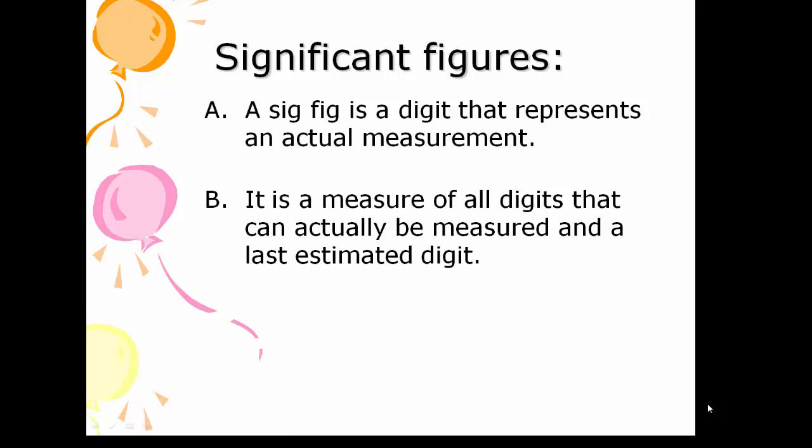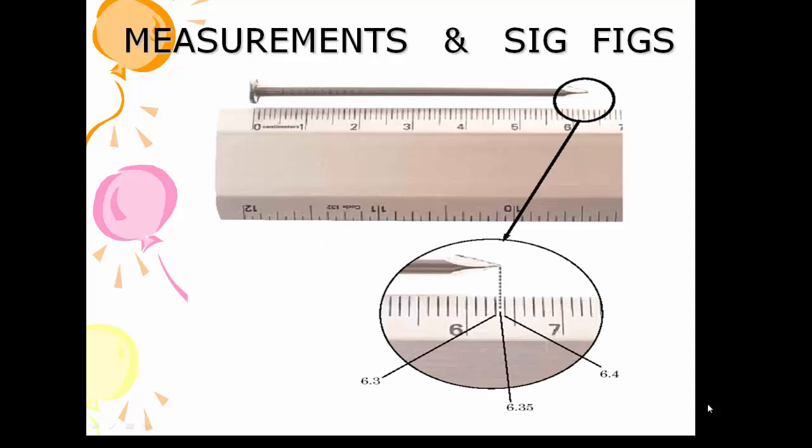A Sig Fig is a digit that represents an actual measurement. It is the measure of all the digits that can actually be measured and a last estimated digit. Let's look at this nail being measured with this ruler. The ruler measures in millimeters. We need to have the answer to the closest millimeter.